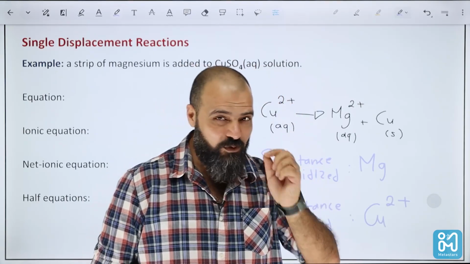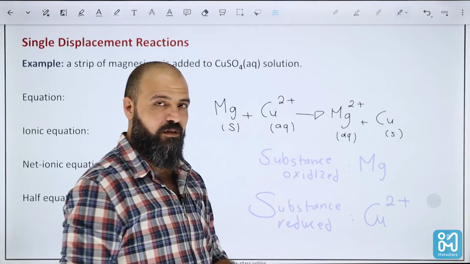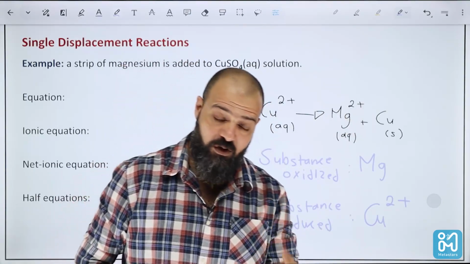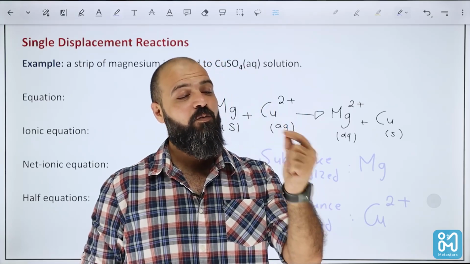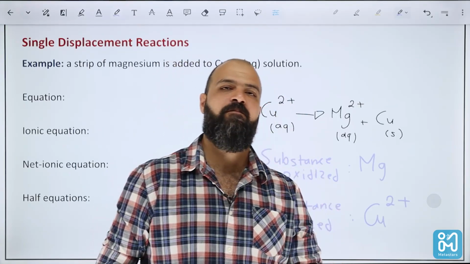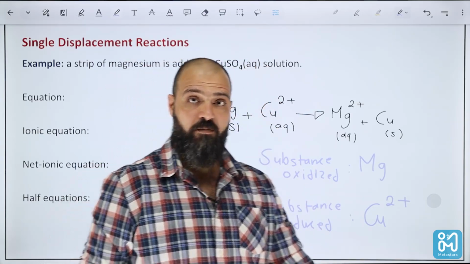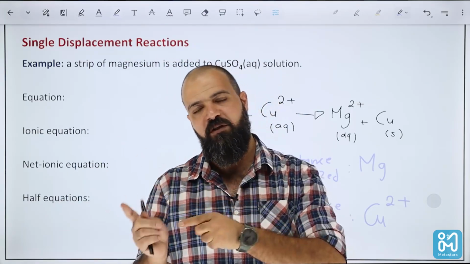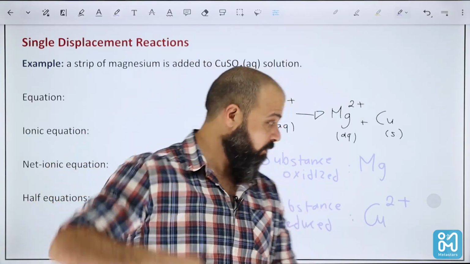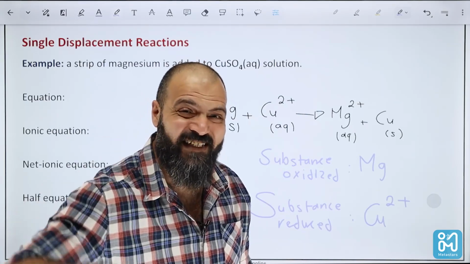So what I'm trying to say is magnesium is the substance that oxidized, and at the same time it's the reason why copper ions get reduced. So we give this name for magnesium: reducing agent. On the other hand, copper ions get reduced, but they are the reason for magnesium atoms to oxidize, so they are the oxidizing agent.